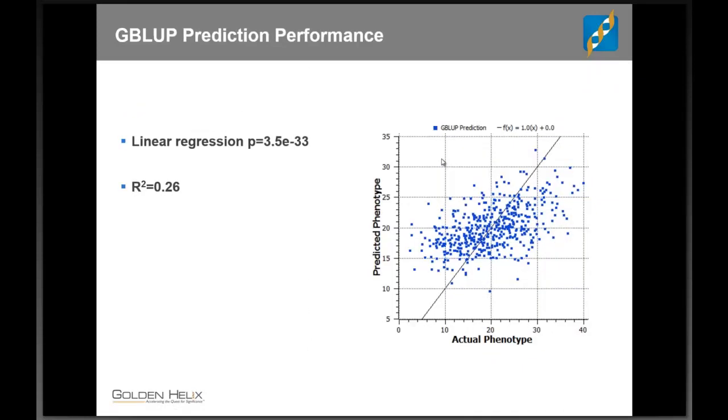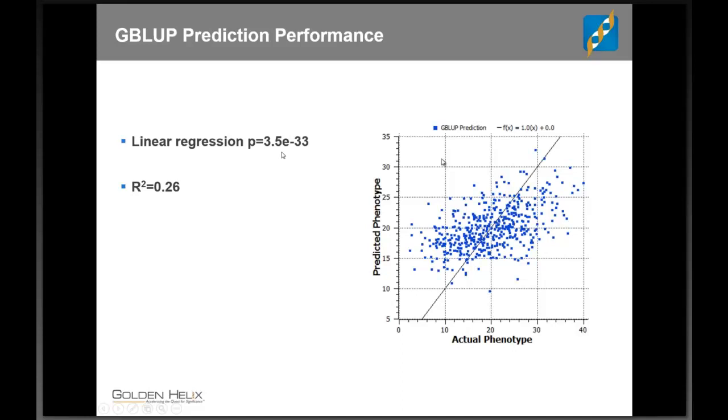Now, moving on, here we get the predicted versus actual phenotypes. So here the predicted phenotypes are going to be calculated without having that sample included in the model building phase. So these are out of sample prediction. And as we look at this, the correlation isn't perfect, but it's far from random. In this case, the R squared, or the proportion of variance in the actual phenotype explained by the predicted phenotype, is about 26%.